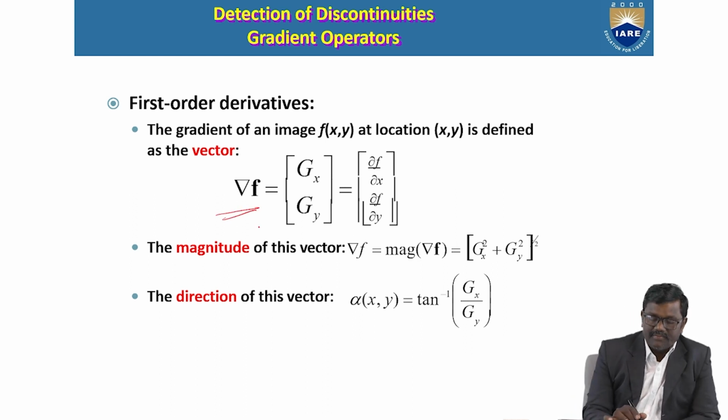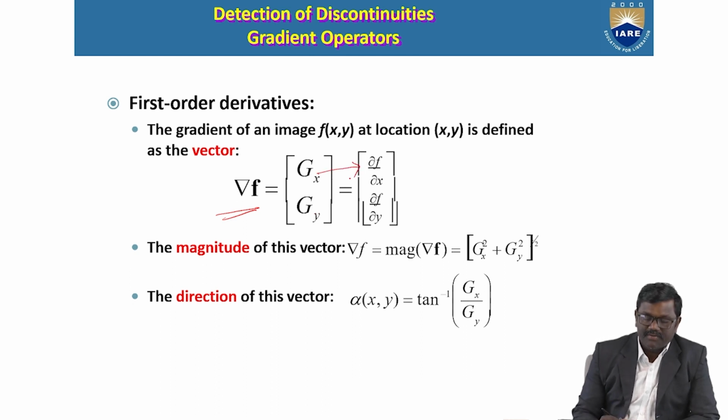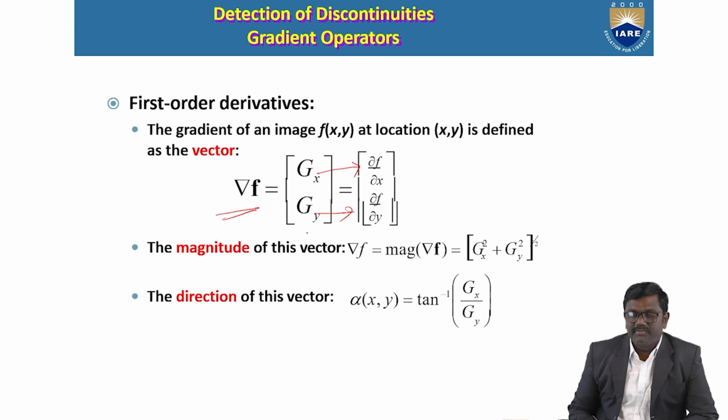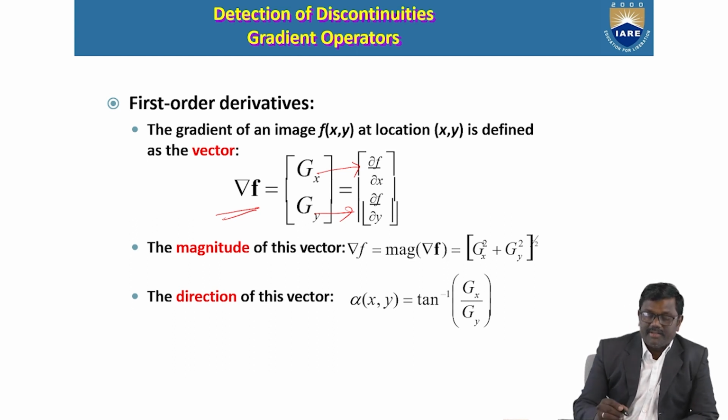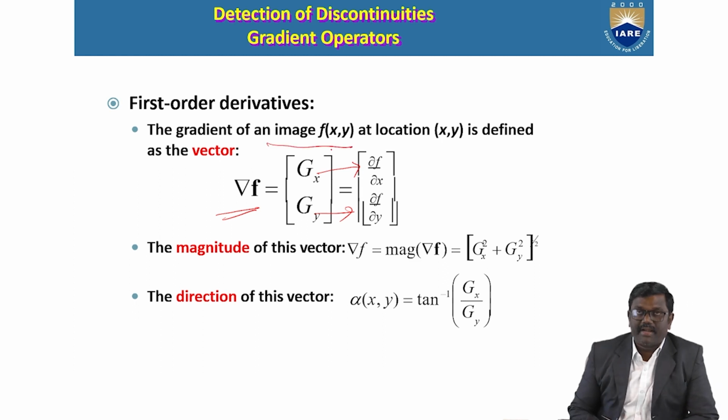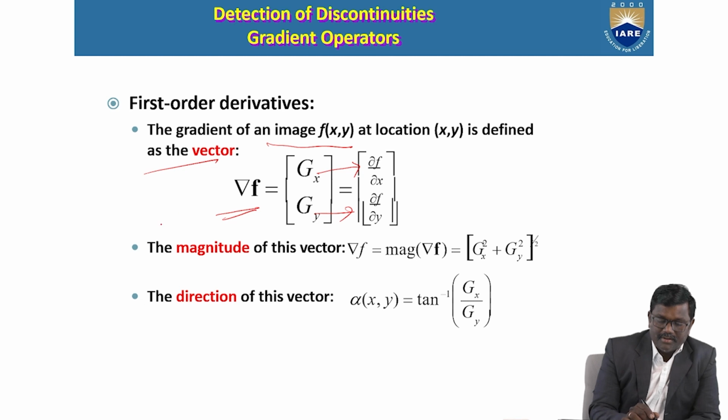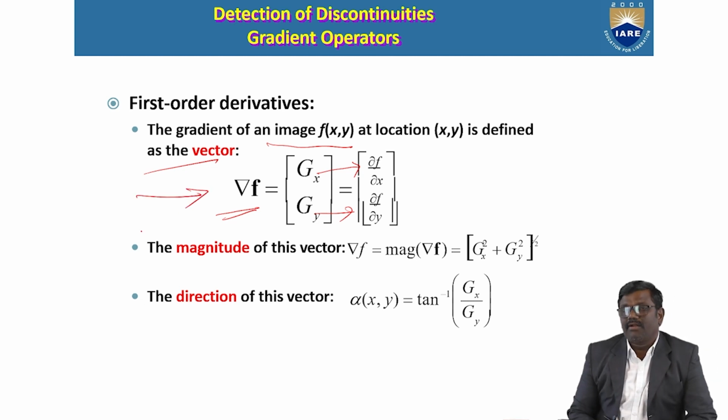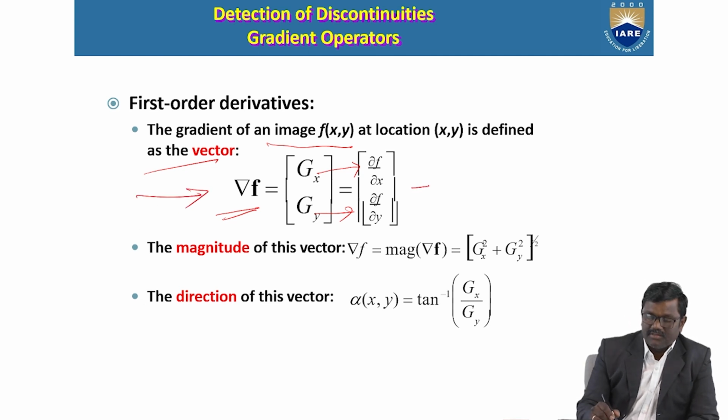So gradient f is equal to [gx, gy], where gx is the partial derivative ∂f/∂x and gy is the partial derivative ∂f/∂y. What do we mean by this? If you take a standard image f(x,y), the gradient of the image f(x,y) at the location (x,y) is defined as a vector given by this equation.